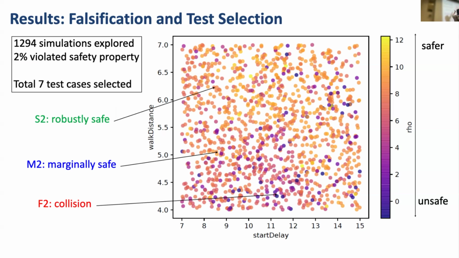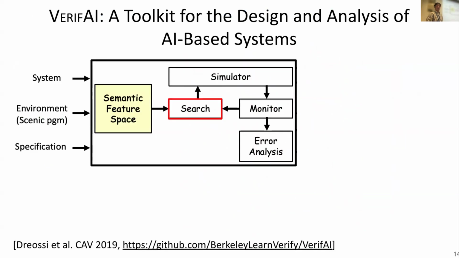We ran this for, I think, 2,000 simulations. And you can start visualizing, analyzing, and trying to identify patterns for different use cases. Is that clear? Okay, so that's it.